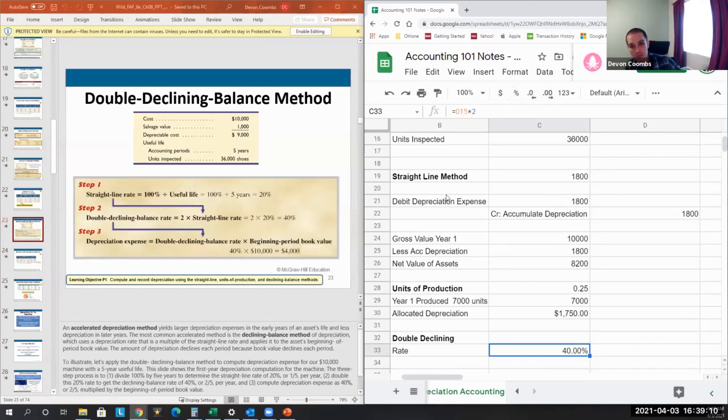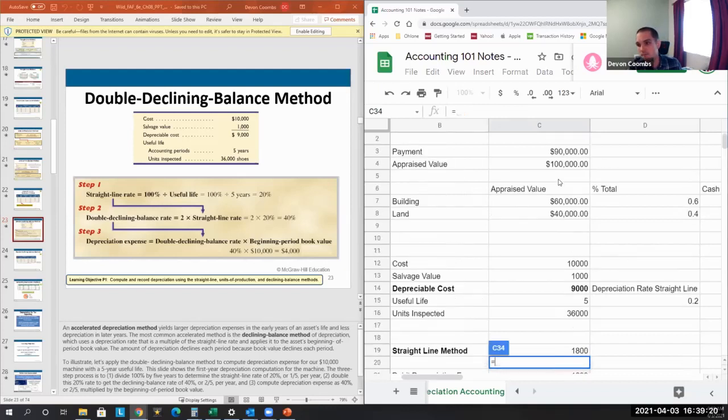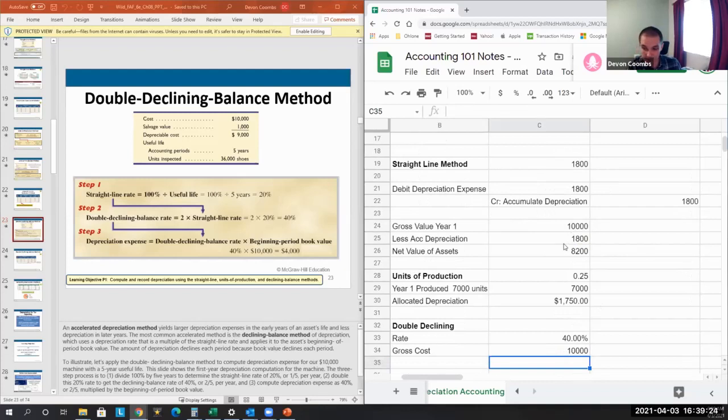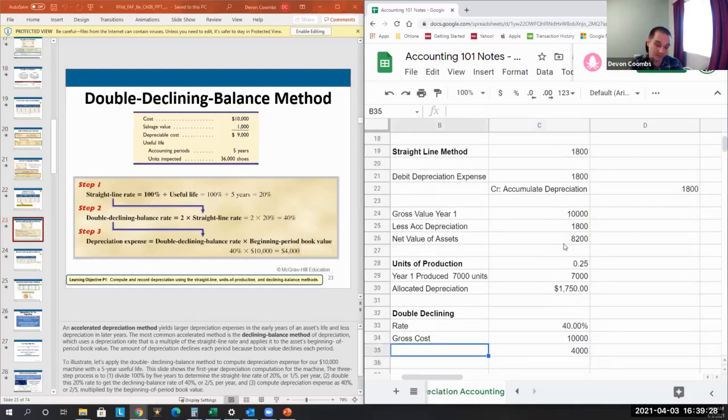Then we take that 40% and we multiply it by the gross cost, which was 10,000. Where is it here? 10,000. So our first year of depreciation is actually 4,000. So we're accelerating the depreciation a lot more with this methodology.